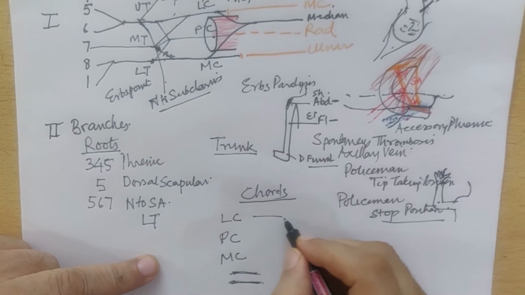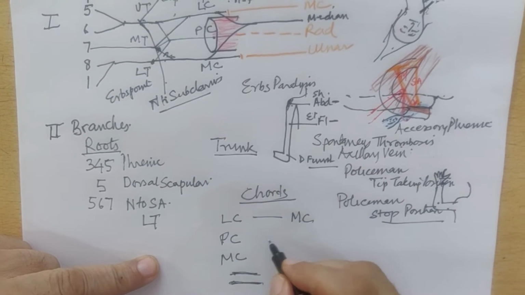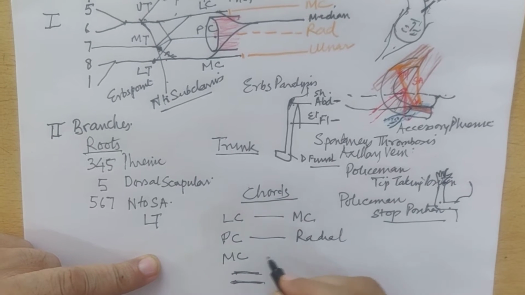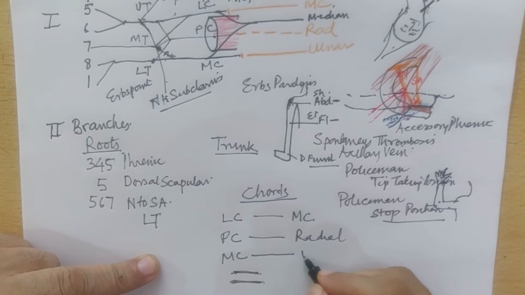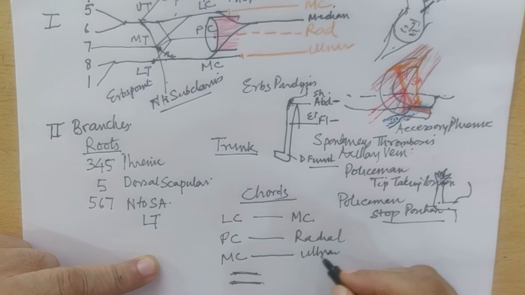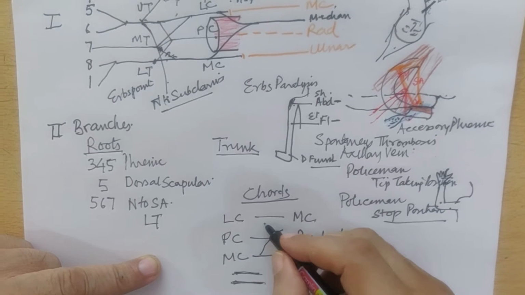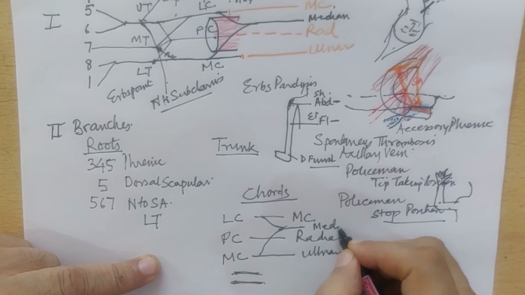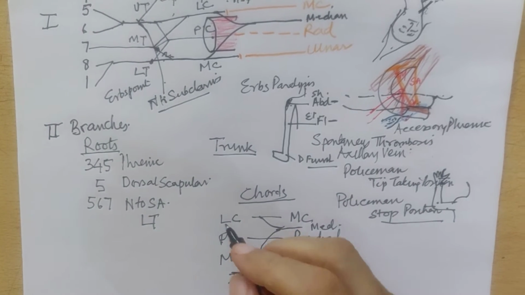The terminal branch of the lateral cord is musculocutaneous. The posterior cord is radial. The medial cord is ulnar. And medial and lateral cord is median. So 4 nerves, 3 cords.